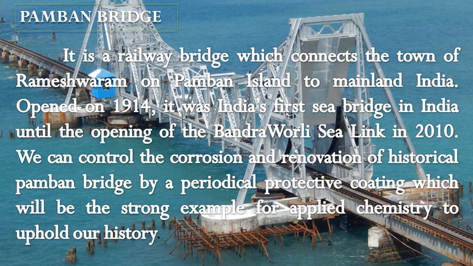It was India's first sea bridge until the opening of the Bandra-Worli Sea Link in 2010. We can control the corrosion of the historical Pamban Bridge by periodic protective coating, which will be a strong example of applied chemistry to uphold our history.